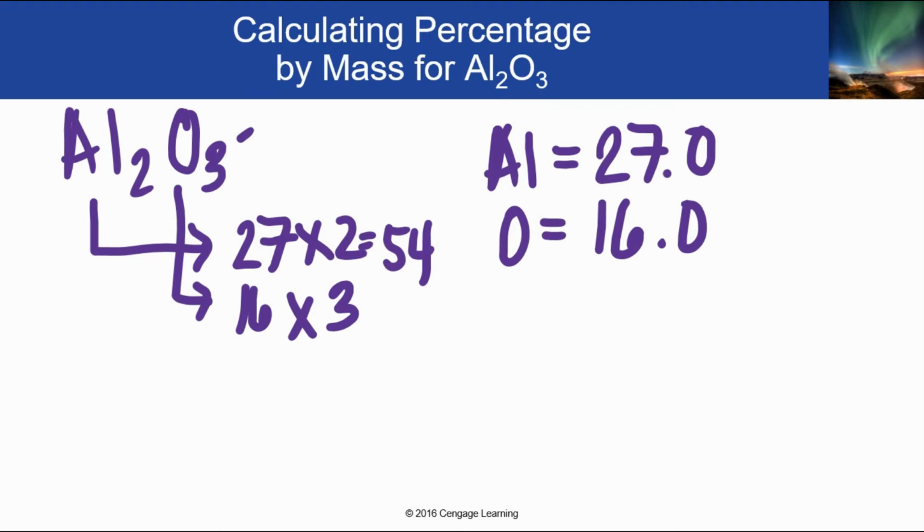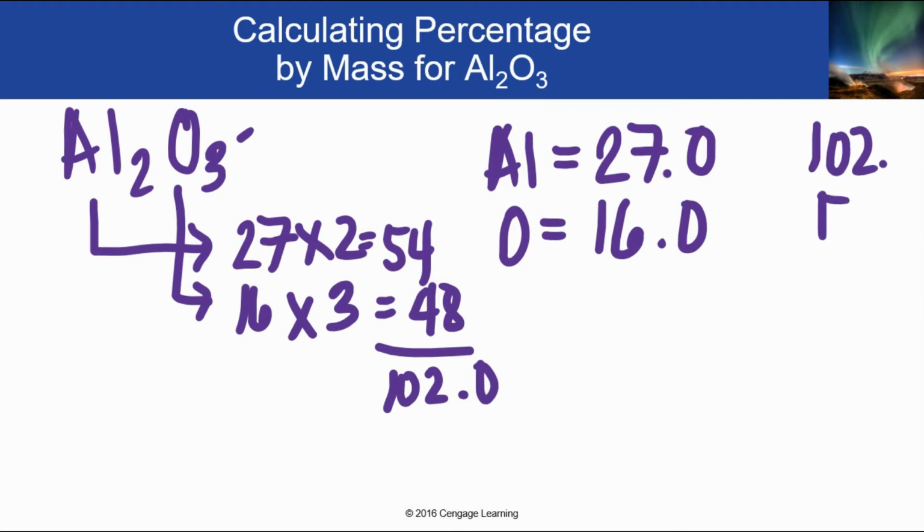Dahil tatlo siya. 16 times 3 is equal to 48. Therefore, our formula mass for aluminum oxide is 102. Tandaan na natin to. 102 ang formula mass ng Al2O3. So, ito na, yung mga kailangan nating tandaan.